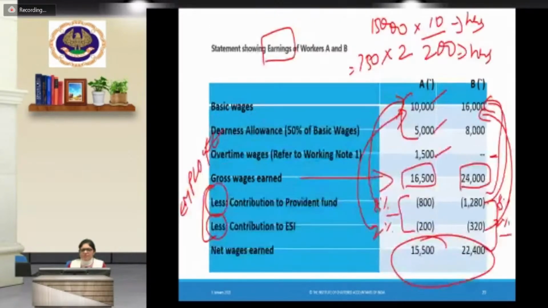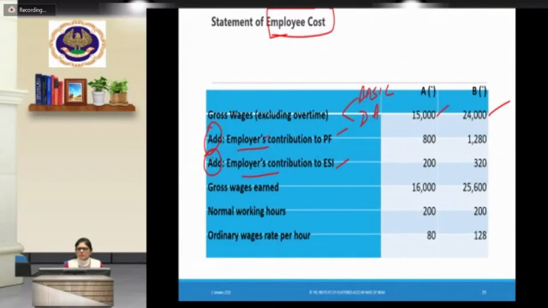And whenever we calculate the earnings, we deduct employee contribution. Clear? So these two things you should remember. So total wages are basic and DA, and the employer contribution we also add. So these are the gross wages earned. See here, we have not taken overtime here.